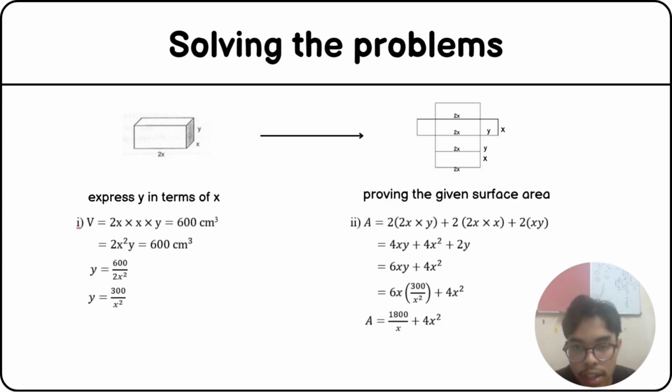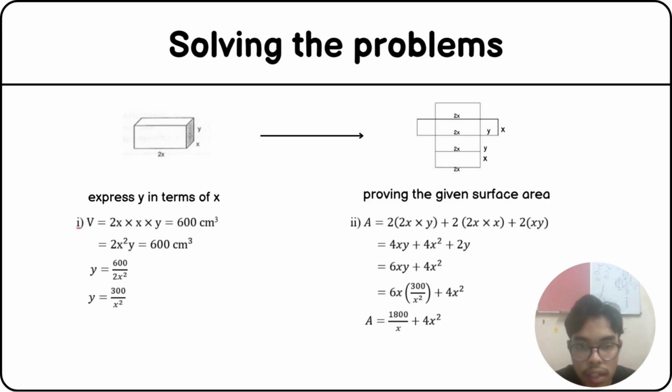We can simplify it to 2x squared y equal to 600, and then y equal to 600 over 2x squared, which simplifies to y equal to 300 over x squared.